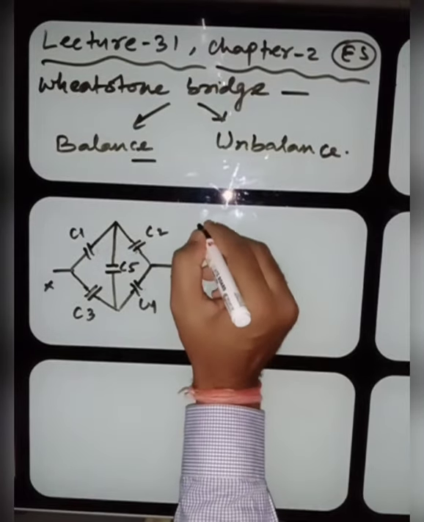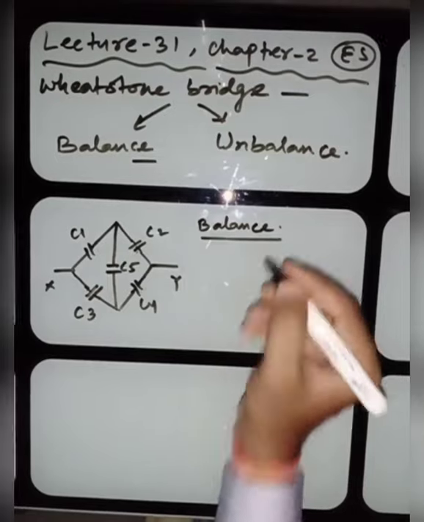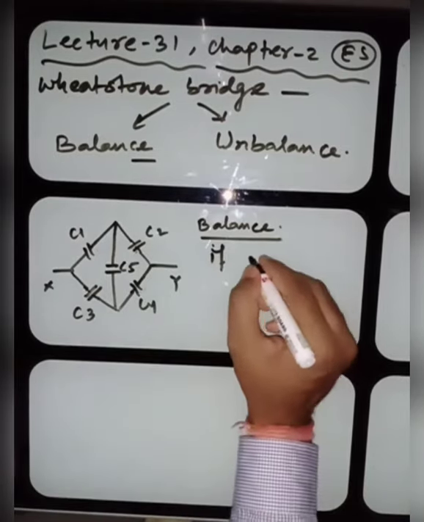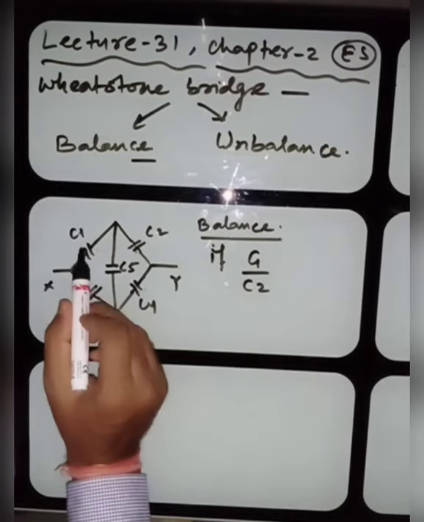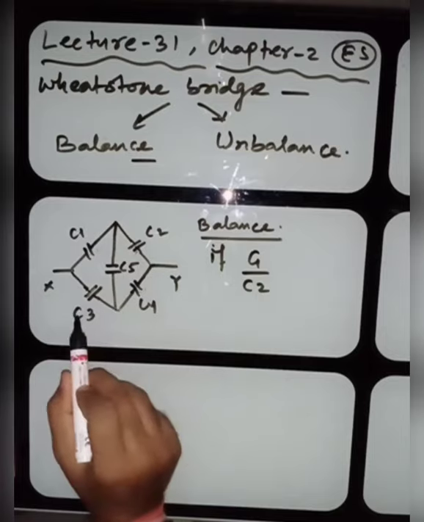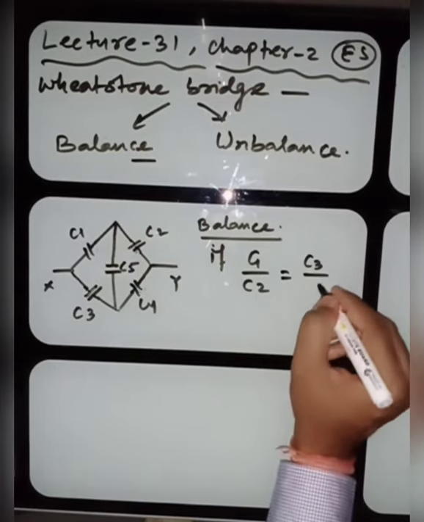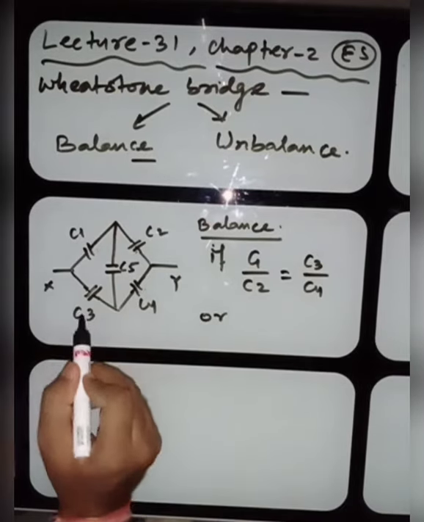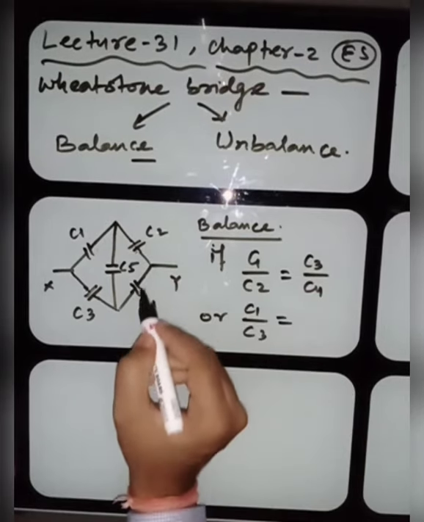For the balance, I am telling you the condition. Remember, if C1 by C2 is equal to C3 by C4, or C1 by C3 is equal to C2 by C4.